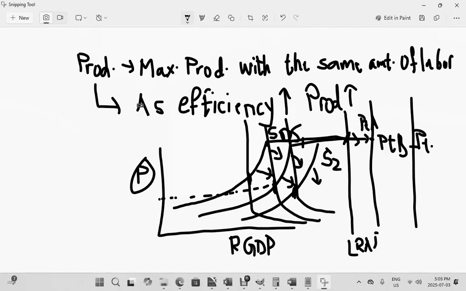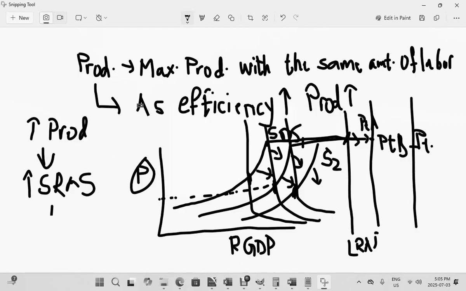So in layman terms, as your productivity goes up, your short range average supply curve, SRAS, will go up. And as SRAS goes up, your long range average supply curve, LRAS, will go up as well.